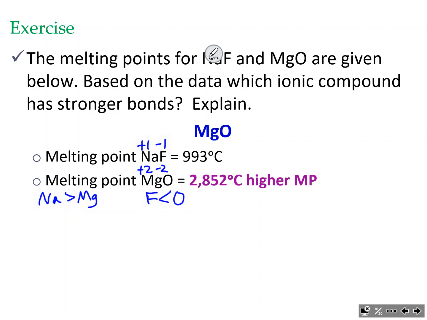The magnesium, which is just slightly smaller, is with the slightly bigger oxygen. So the size pretty much cancels itself out here, and the distance is going to be approximately the same. But the magnitude of charge is 2 times 2, which is 4 times the other one, which is 1 times 1.